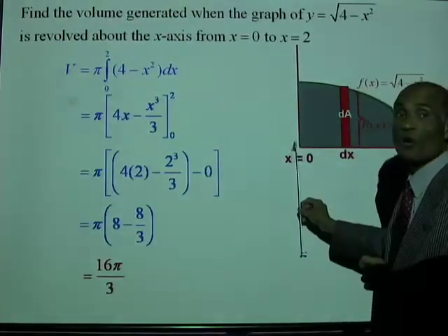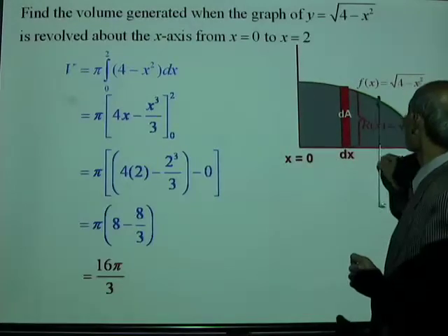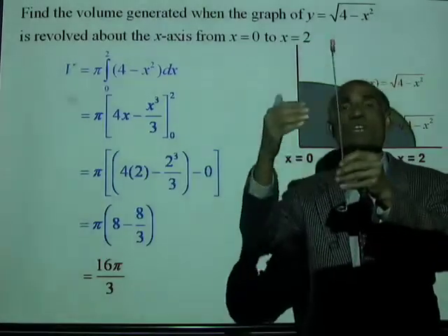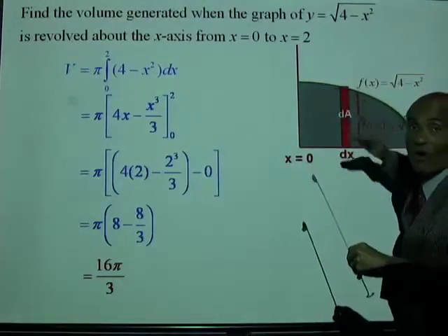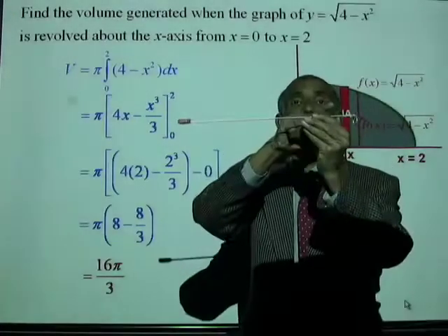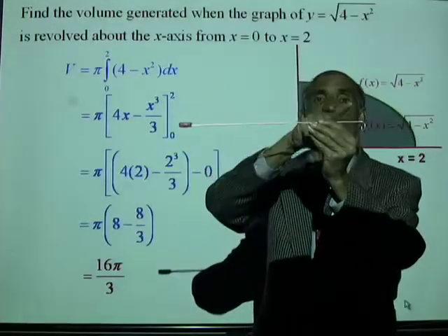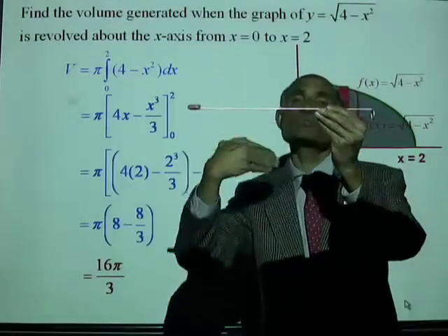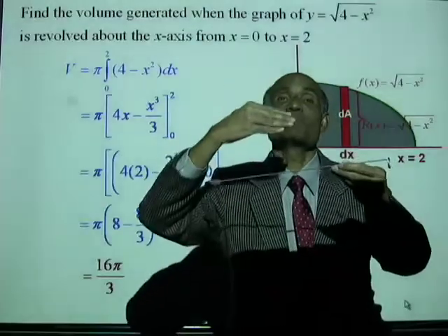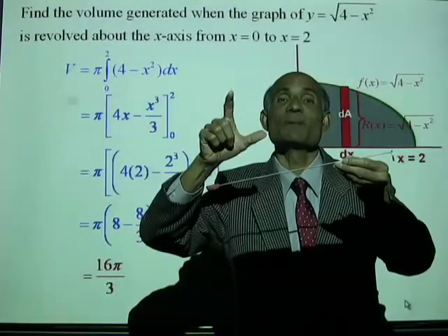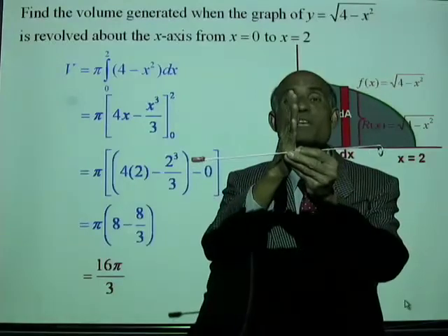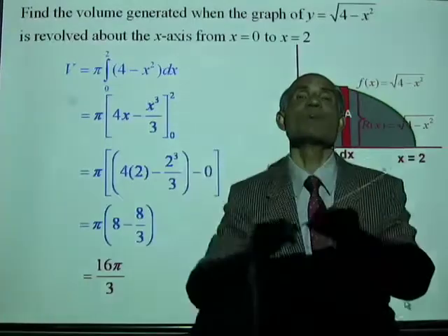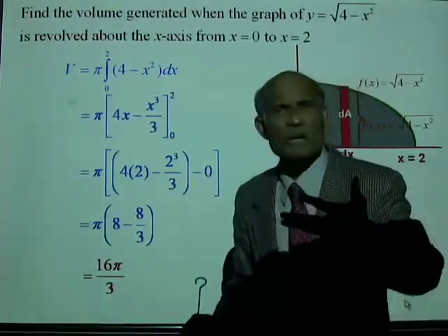We only revolved the area from x equal to 0 to x equal to 2. That means what you are generating is a half of a sphere. If you revolve the whole of the area above the x-axis, that is a semicircle, if you revolve the whole of that, you will generate a sphere of radius 2 centimeters. But we are only using half of that. So what we are generating is half of a sphere, or a hemisphere.